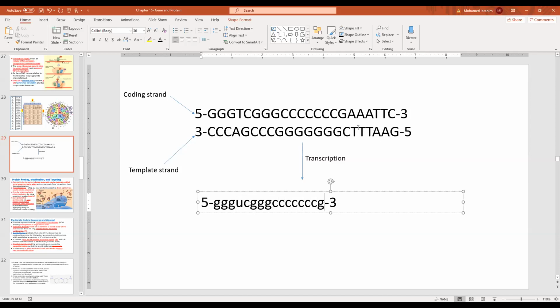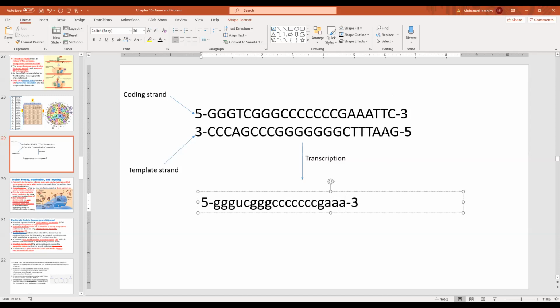What is the complementary of the T's here? 3 A's. Perfect. Oh, no, U's? No, the complementary. Yeah, only when you see the complementary of A, which is T, here you make it U. But here the complementary of T is A. It's okay, normal.